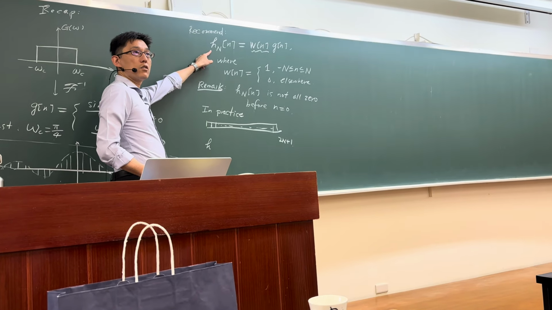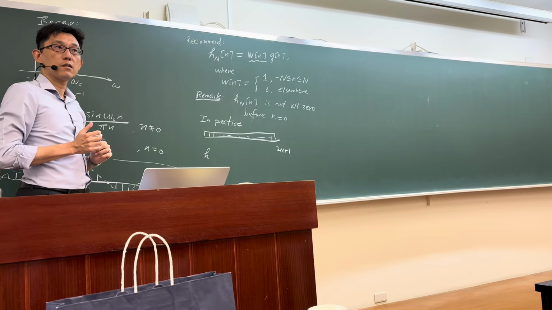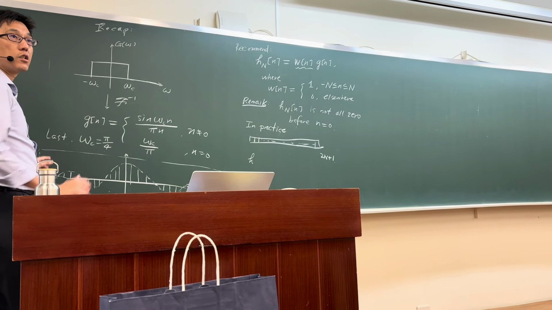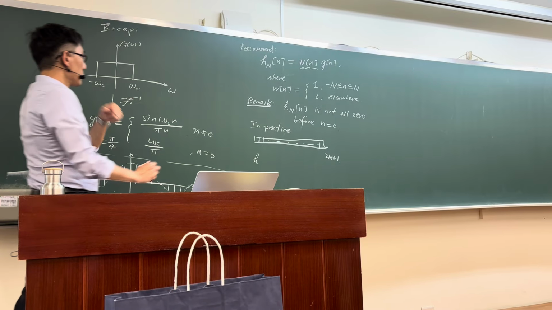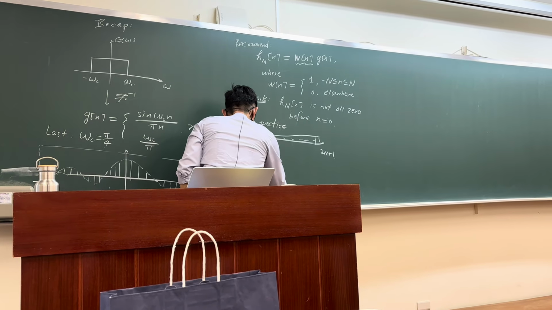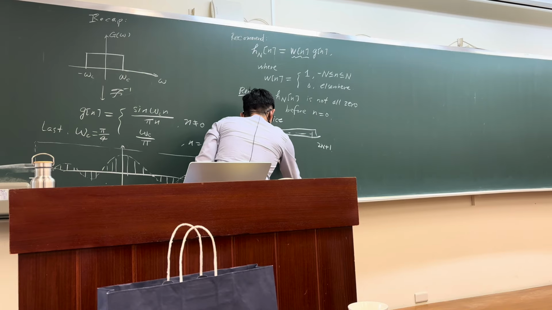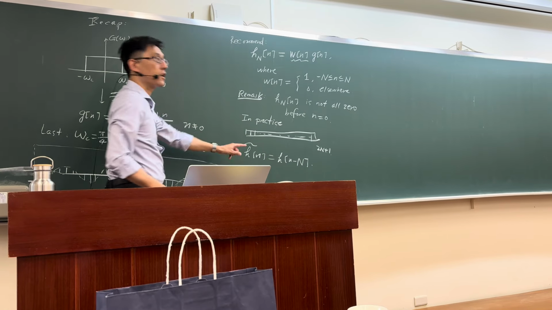So your final design really is your h, shifted to the right by big N samples. That makes sense? Otherwise the time index starts at minus N, so we need to shift everything to the right by N samples. That's your final design.